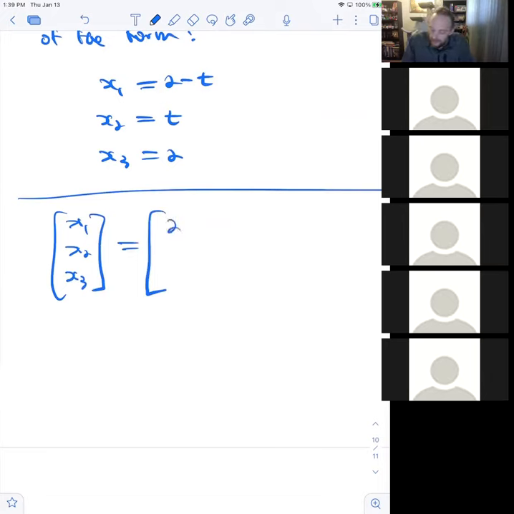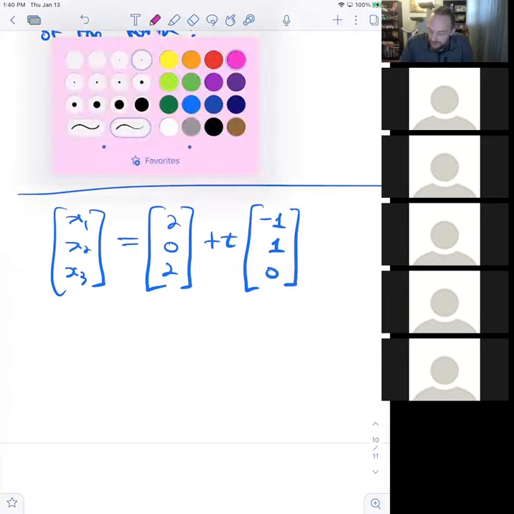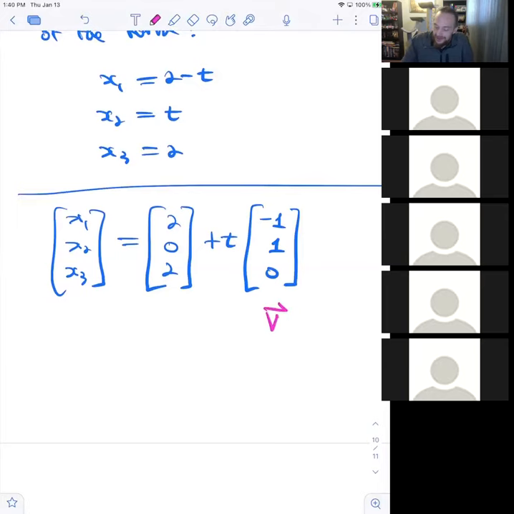I have a 2, and then no constant in variable 2, and then a 2 in that one, and then plus t times the scalar multiple of, what do I have in the first one? -1, and then 1, then 0.